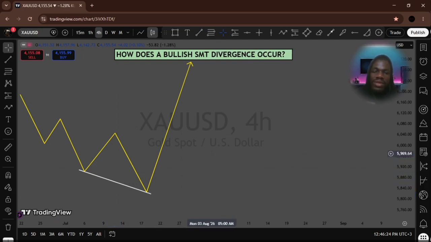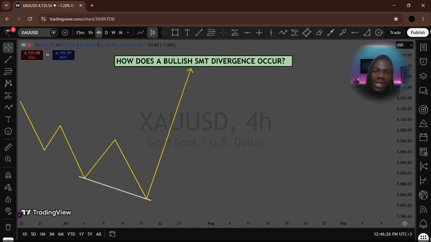That's the first example. Now let's look at the second example. Prices came like this.